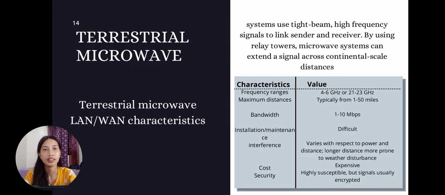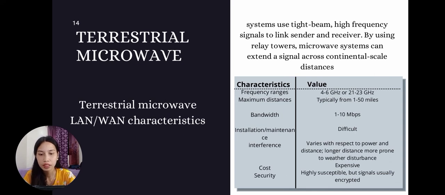So, the terrestrial microwave systems use tight beam high frequency signals to link sender and receiver. By using relay towers, microwave systems can extend a signal across continental scale distances.